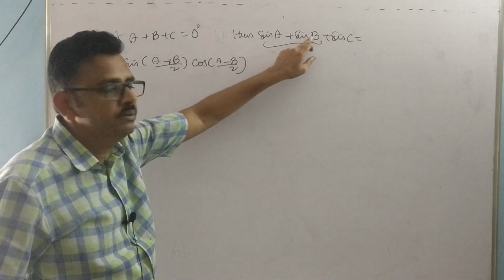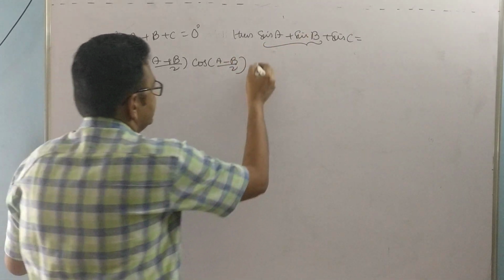Plus sin c, using the formula 2 sin (c by 2) cos (c by 2).